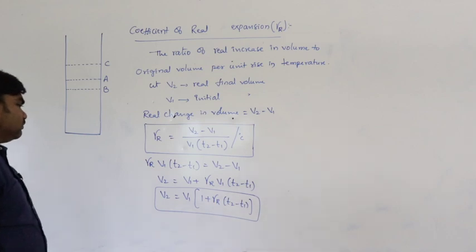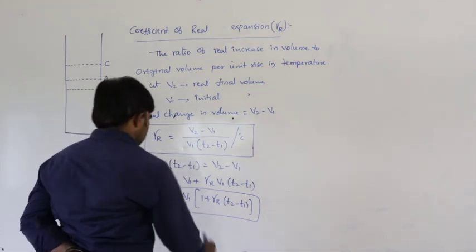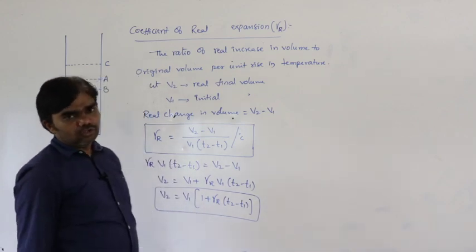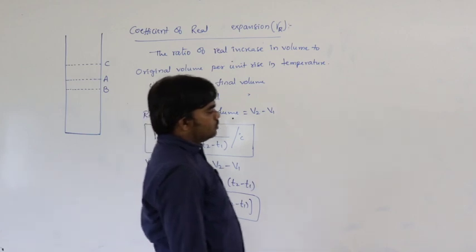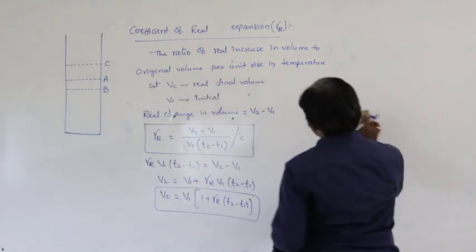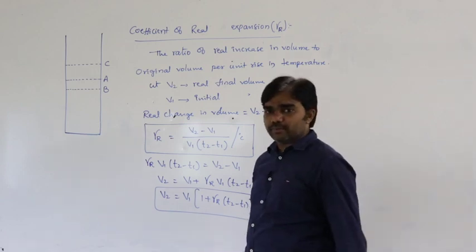V2 is equal to V1 into 1 plus gamma R into T2 minus T1. So this is the final volume of the system. So this is the coefficient of real expansion and coefficient of apparent expansion.